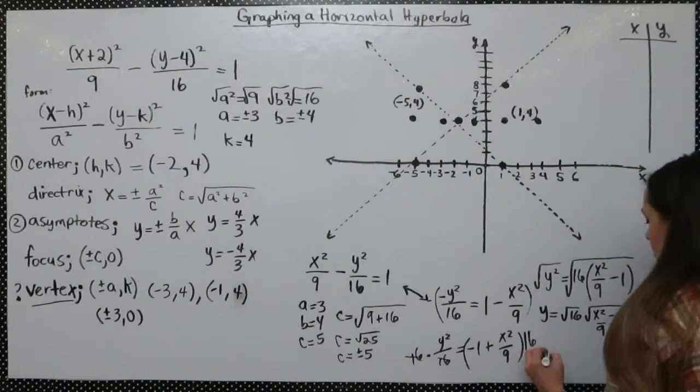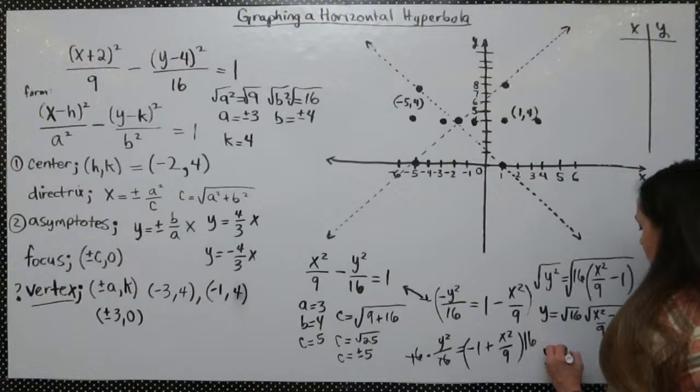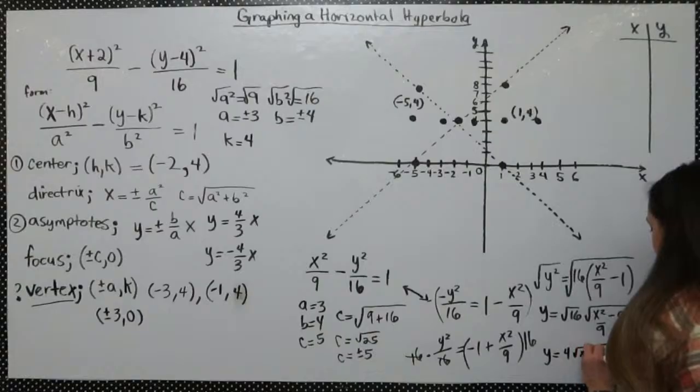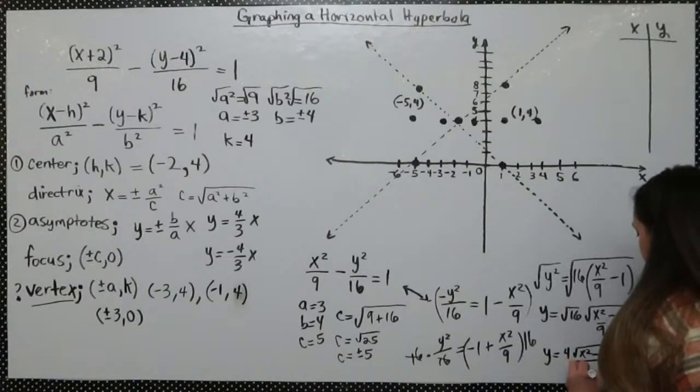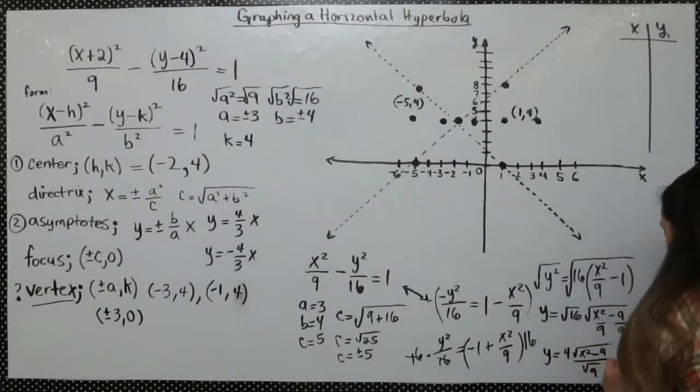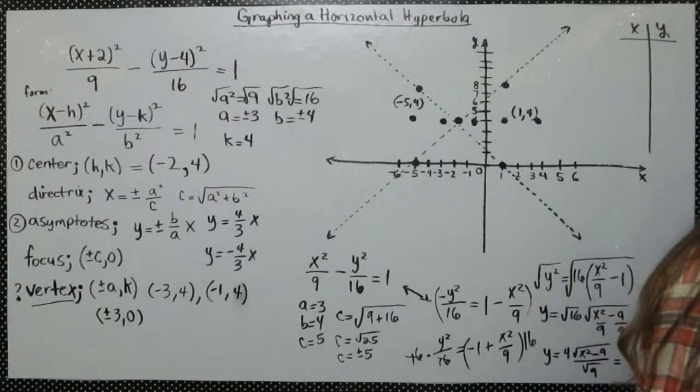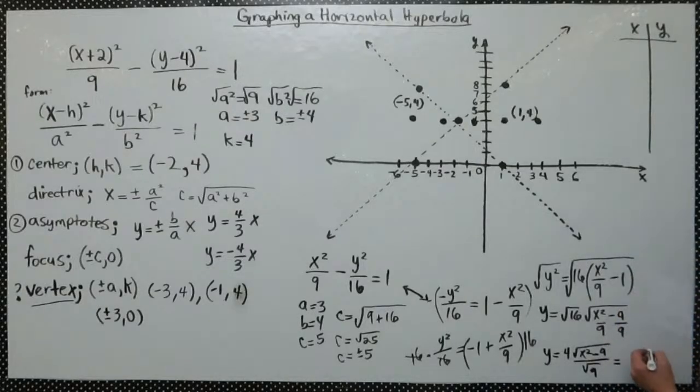So you're going to end up with y equals 4 times the square root of x squared minus 9 over the square root of 9. And finally, you'll end up with y equals plus or minus 4/3 times the square root of x squared minus 9.